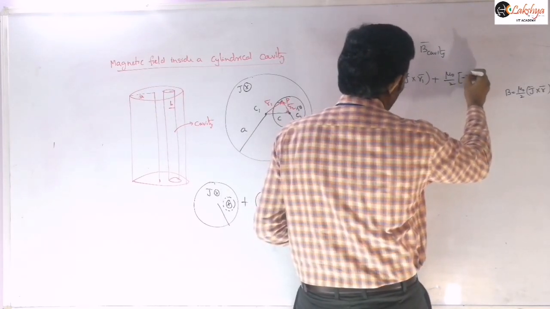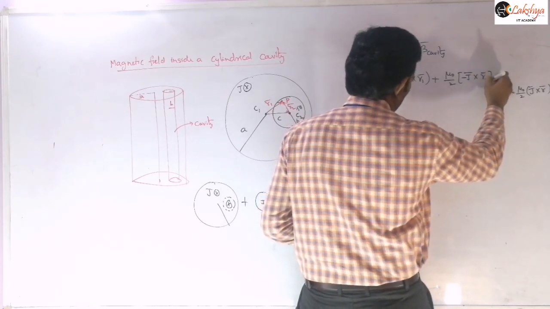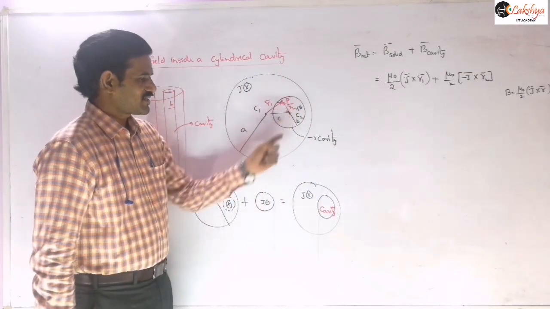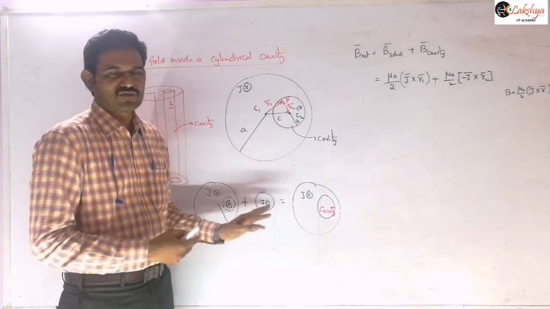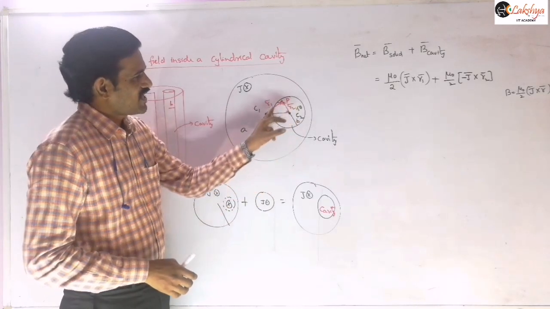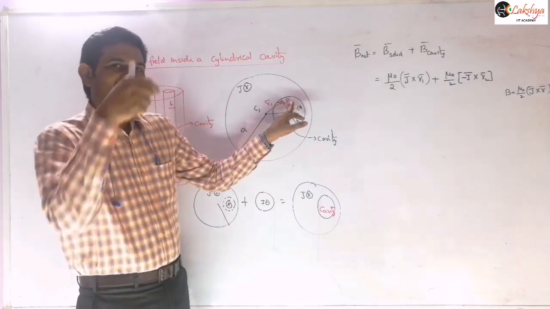In that cavity, this J bar we need to take as minus J bar. Why? Because we are assuming that the cavity is carrying current density in the opposite direction. If you are taking into the plane as positive, then out of the plane will be negative, so I am taking it as minus J bar. Now the same formula we are applying here, because the point P also lies inside the cavity.